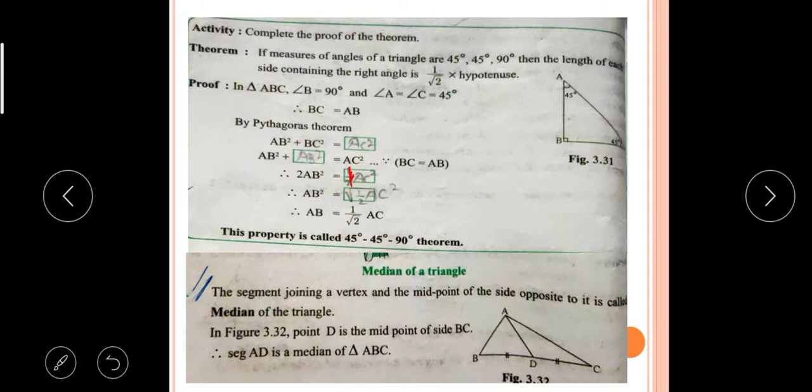We can also state the theorem this way: when the angles of a triangle are 45, 45, 90 degrees, then the side containing the right angle is equal to 1 by root 2 of the hypotenuse.